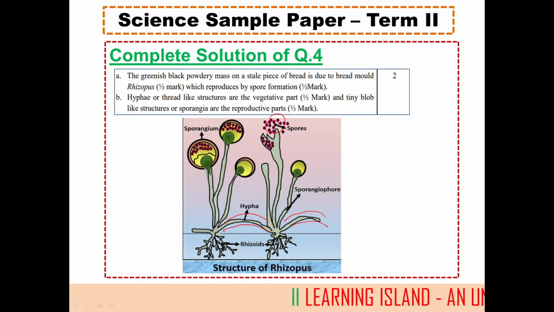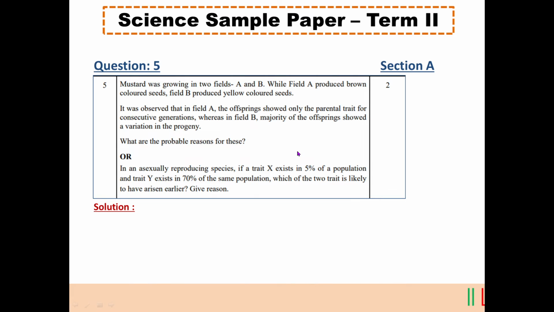These are the vegetative parts, and on the top, the ball or blob-like structures are called reproductive parts. So hope this question is clear to you. The answer is written clearly. Please go through it, and if possible also draw these pictures with a pencil. You will get good marks. Now go to question number 5.